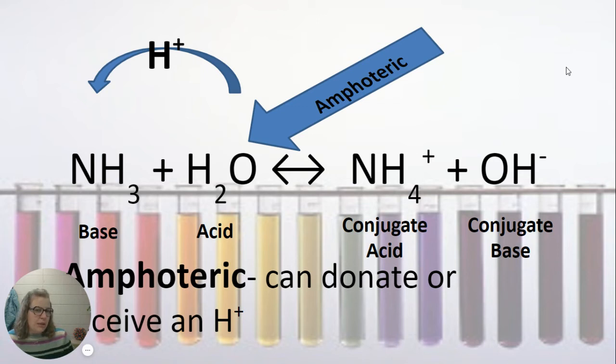And the reason it can be an acid or a base is because it can lose a hydrogen, or it can take on a hydrogen ion, depending on what it's with. So there are some substances that are amphoteric, and H2O happens to be the most common one of them because it can take an extra hydrogen and become H3O+, but it can also lose one and become OH-.